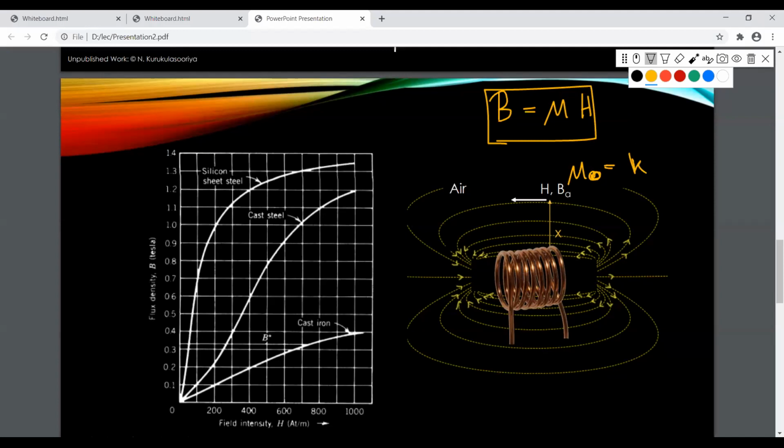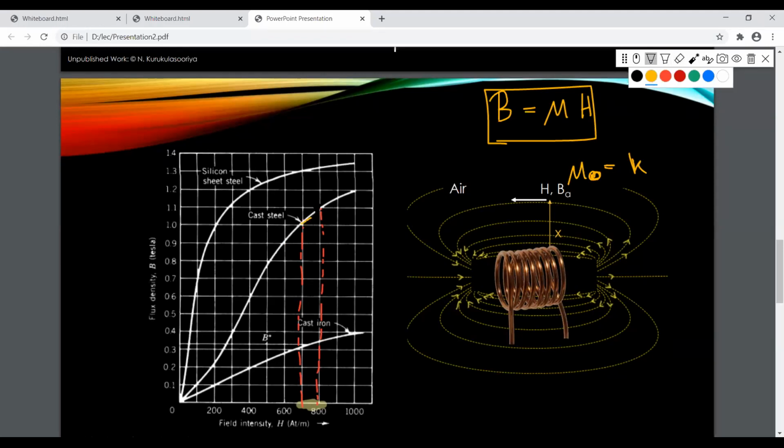When you consider other materials like silicon sheet steel or cast steel, if you consider a smaller range, not a very large range like magnetic field intensity from 0 to 1000, but a smaller range like from, let's say, 700 to 800, you can assume the variation of the BH curve, the flux density in relation to the magnetic field intensity, to be linear.